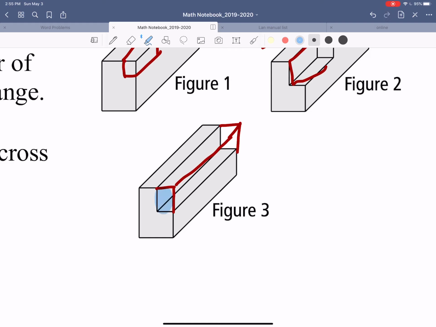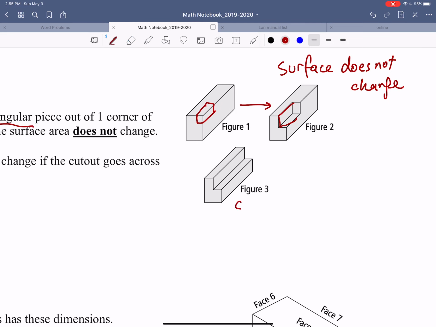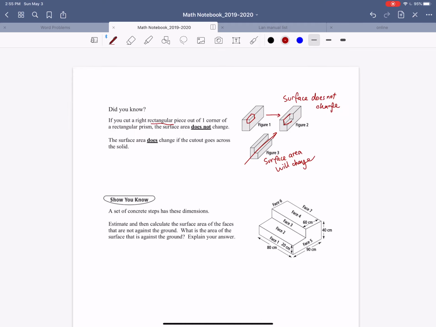However, this side and that one are forever gone. It's not replaced by anything because it's gone. So if you have a cutout piece that actually goes through the shape, the surface area does change. You just have to recalculate it. It will change when the cut is actually going through a rectangle.